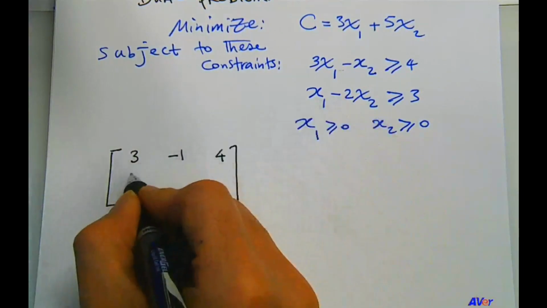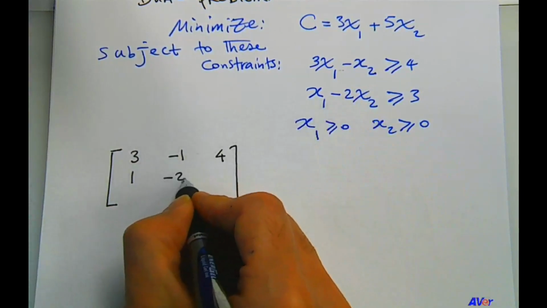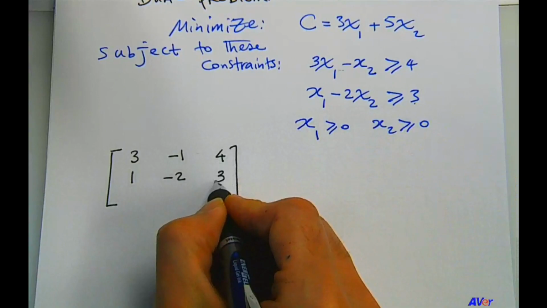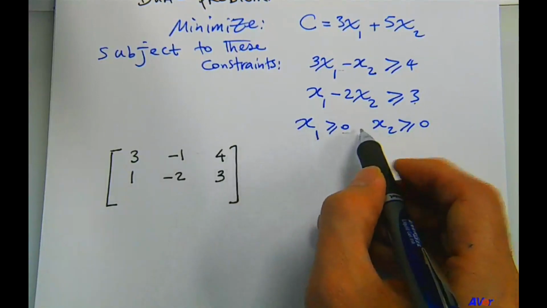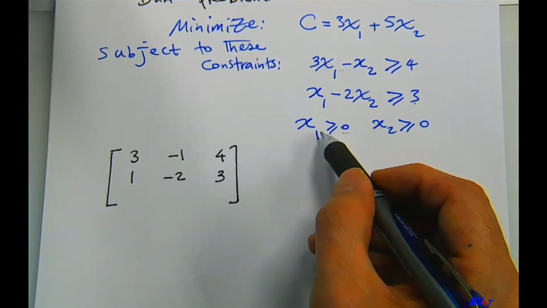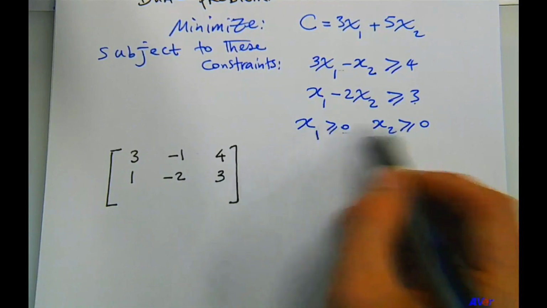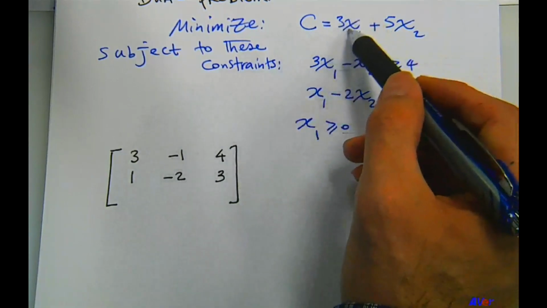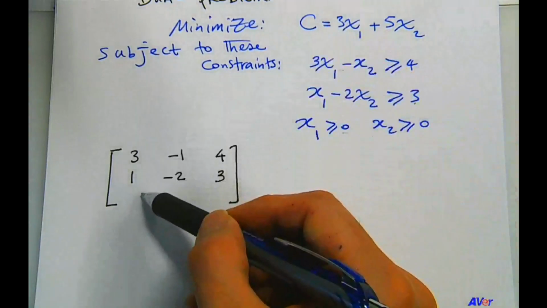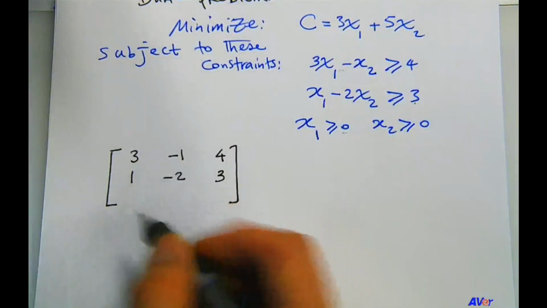And then 1, -2, and 3. These are just the condition that all variables should be positive, so that we don't bother with that. But now these coefficients, we will bring them here as they are without rearranging.